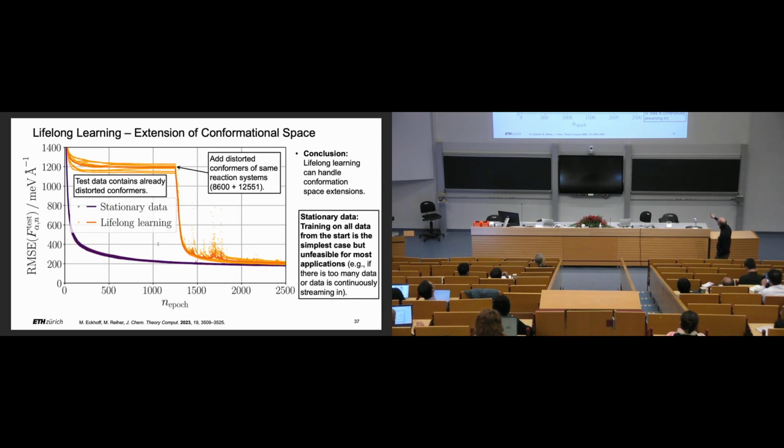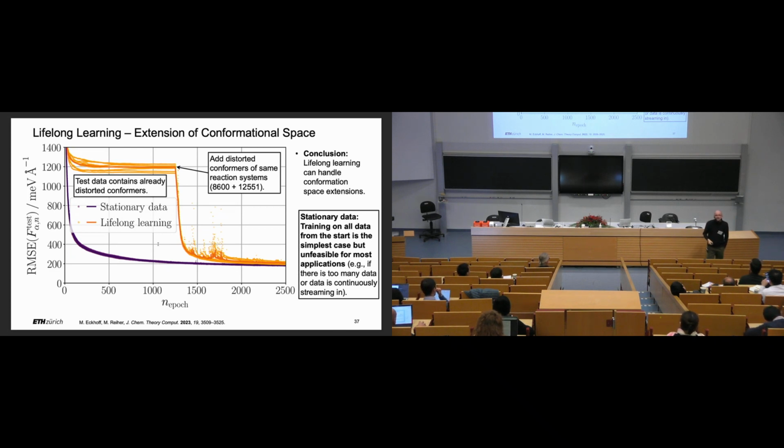Maybe here's a better figure. So if you start from the start with all data, you would get this curve. That would be the best solution, but we don't have all data from the start, and we don't want to start all over again. Right? Now, lifelong learning gives you this curve. You have some data initially, and then we get more data, and you see we can sneak this in smoothly and then also obtain the final result.